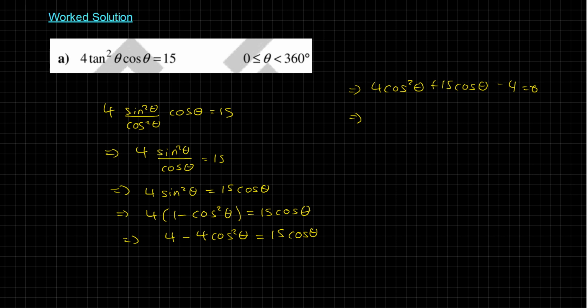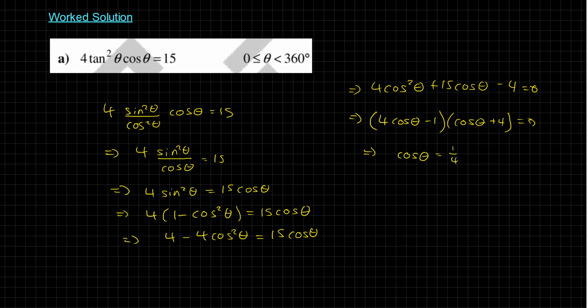And then you can either do a substitution or you can just write it out. The point is you're going to factorize this as a quadratic. If we just do it directly, we should end up with the following. So this tells me either cos theta equals a quarter, or cos theta equals minus 4.